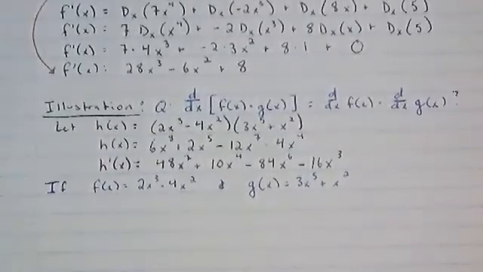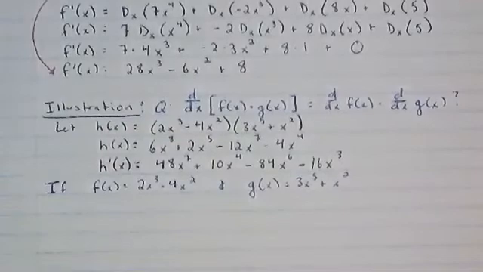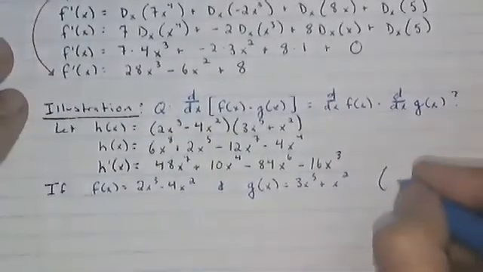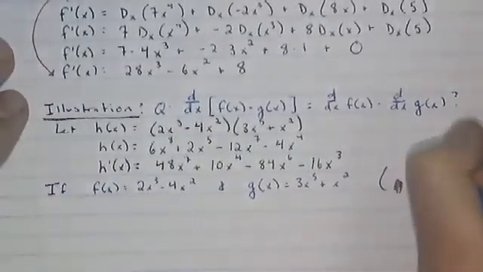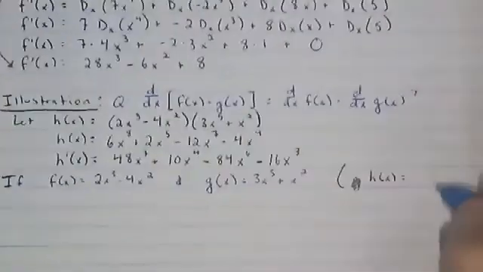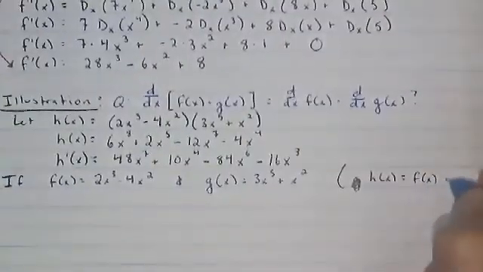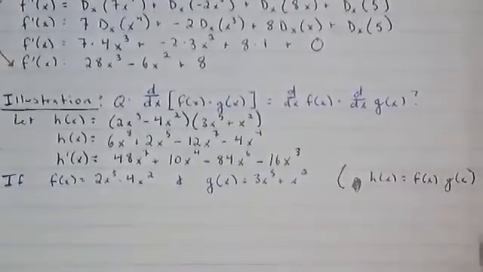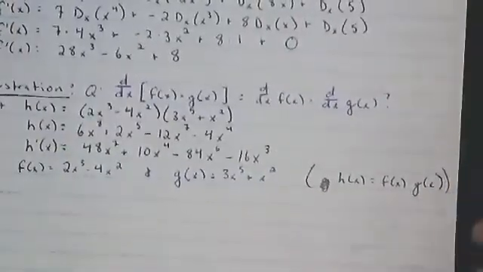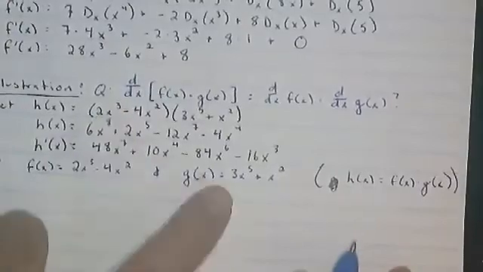And the reason we're saying that is because now h of x would be thought of as f of x times g of x.